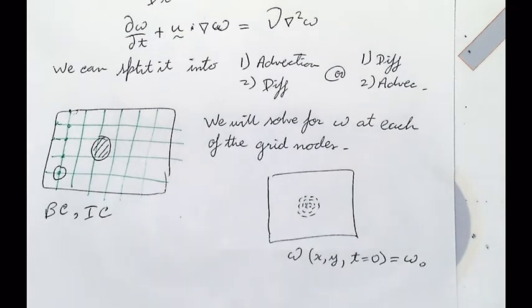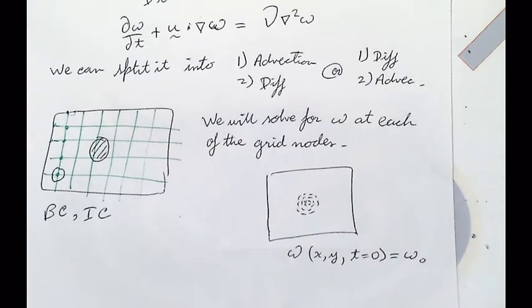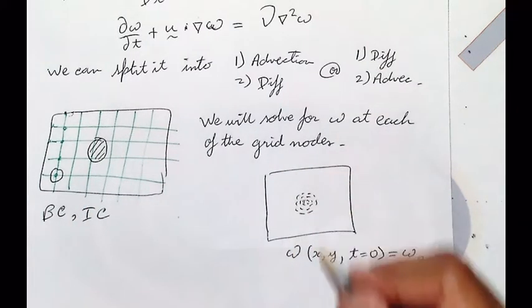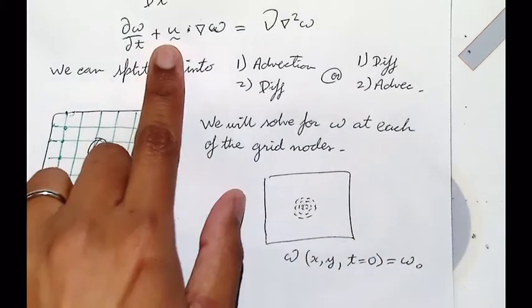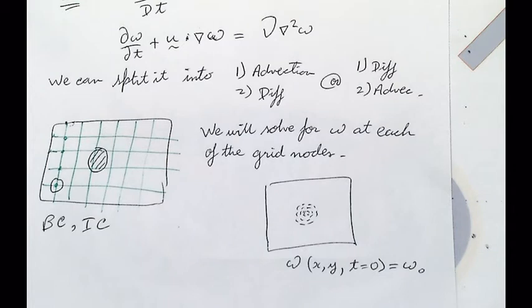Does this make sense? So I might say omega inside the circle is 10 units, for instance. And then what will you do? You will again create your grids, and then you will start solving this. You will take steps in time starting from n equals 0 to n equals 1, etc. You have done this, right?